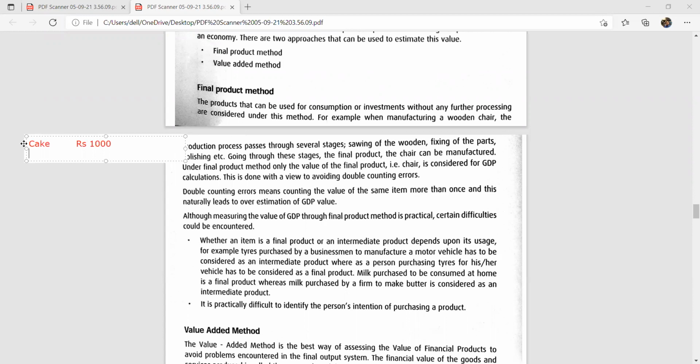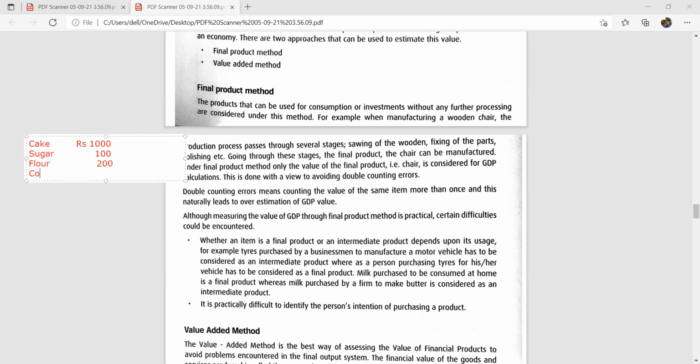So they wanted to use sugar, say 100. Wheat flour, of course, I just write 200.